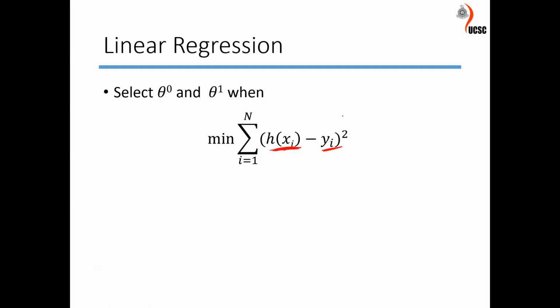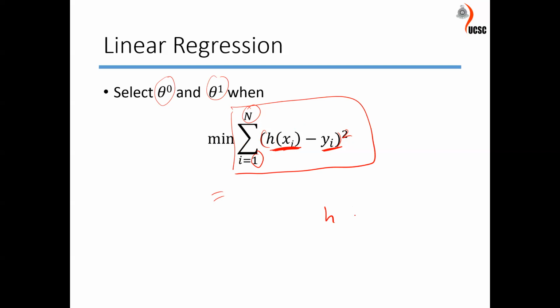To remove the negative values, we make it squared. Then we consider all the data points, the number of data points we have, and come up with one single value. So we should select this theta naught and theta 1 to make this value minimum. That's the basic approach. So we consider all the data points from 1 to n.